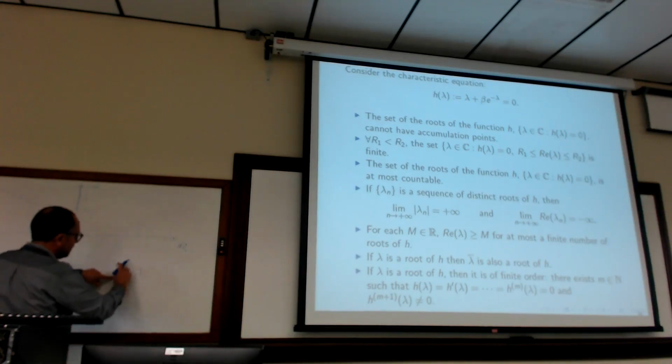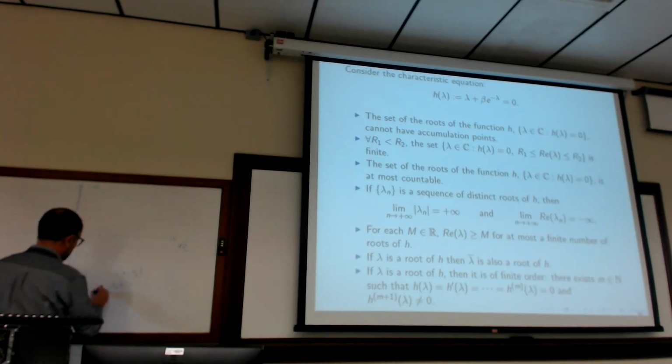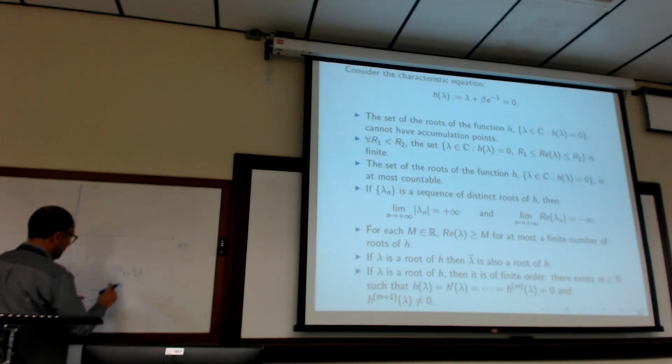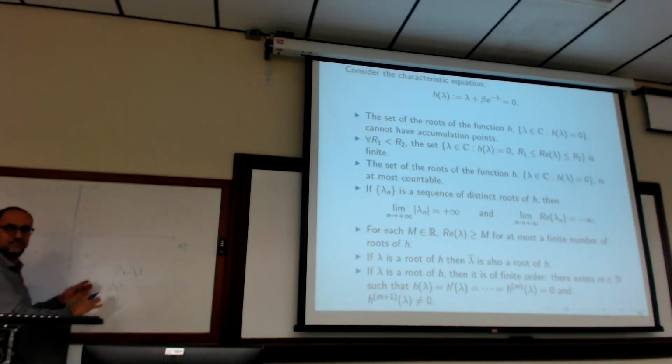I generate solutions from these and I generate the eigenspace.